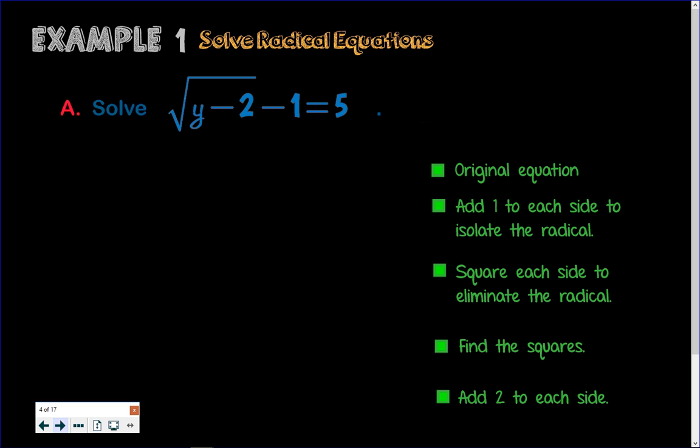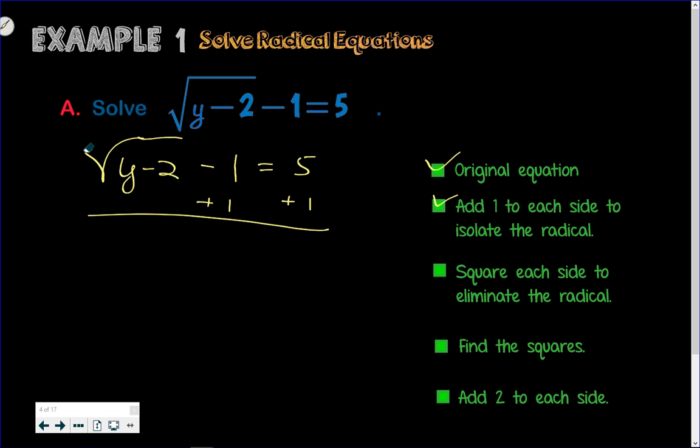All right, so where's the radical? What's under the radical here? Y minus 2, very good. What's outside of the radical? Negative 1. So we need to move that first before I can do anything with the radical. I'm going to rewrite my equation. Then the next thing I'm going to do is add 1 to each side.